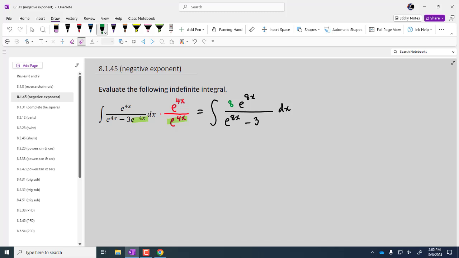But if we put an 8 in that numerator, we need to multiply the outside by 1/8 to keep the peace.